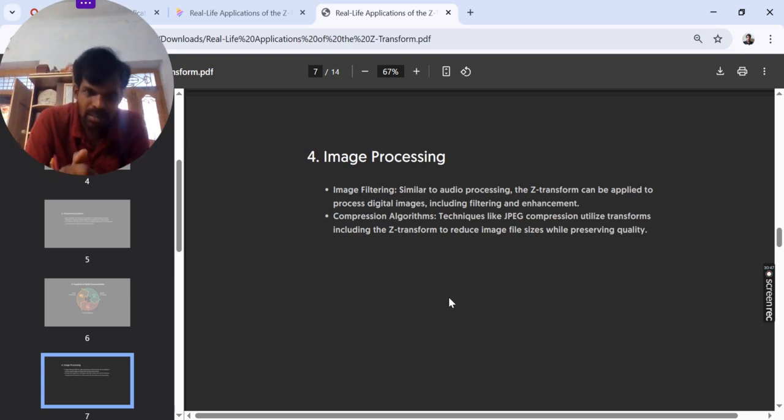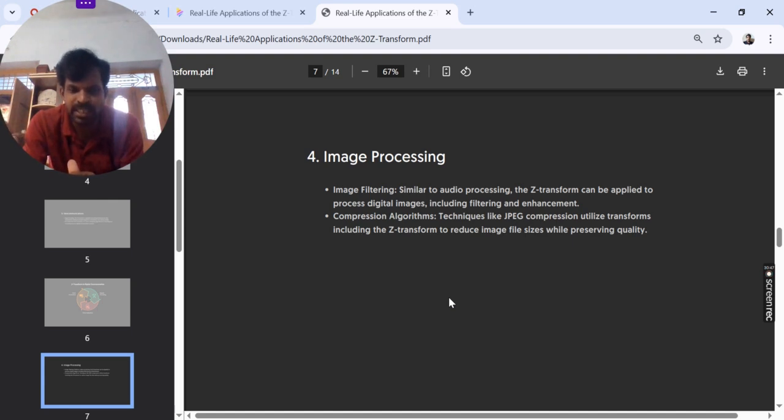And coming to compression algorithms, every image is stored by default as JPG, where JPG is Joint Photographic Experts Group. If we take a snap with our mobile phone, that image is stored with the extension .jpg.